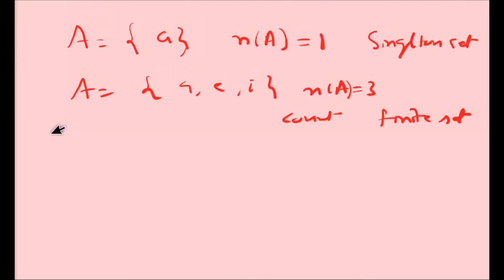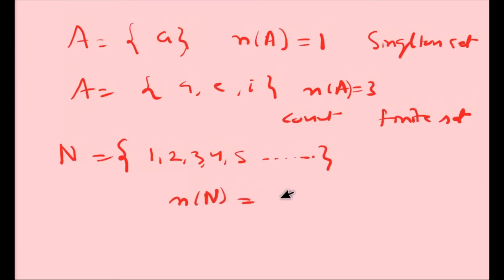Okay, let there be the set of natural numbers 1, 2, 3, 4, 5 and so on. How many natural numbers can you count? No, you cannot count. The number of elements in this set is infinite, so it is known as an infinite set, since you cannot count the numbers in this set. Okay, are you understanding?